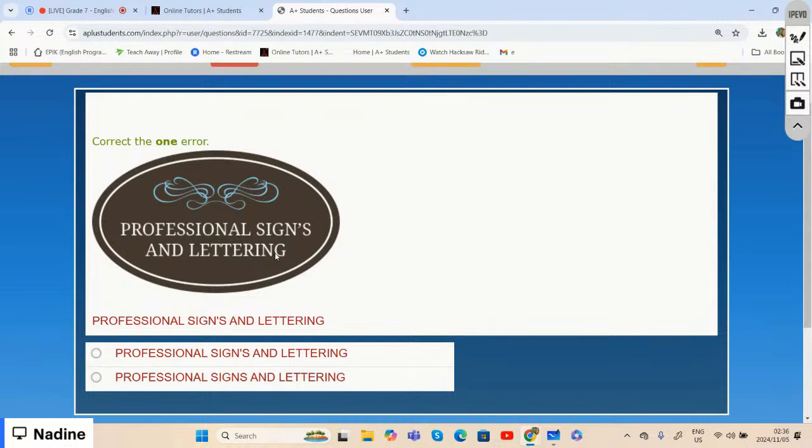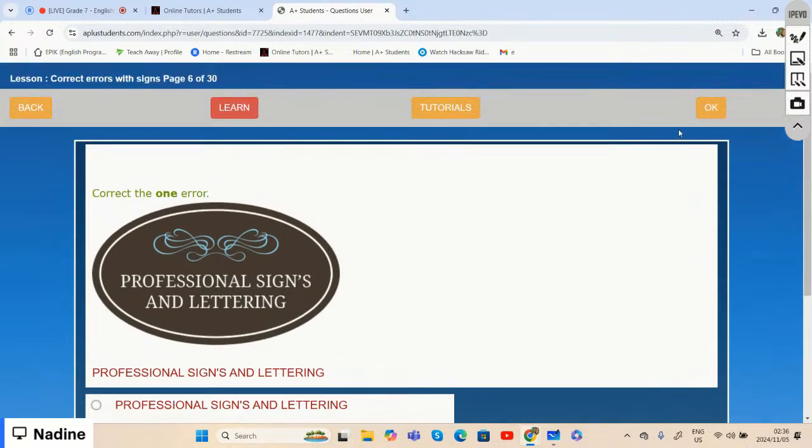We need to remove the apostrophe because once the apostrophe is there, it's almost like we're showing possession. And we just want to show that there are more than one sign. We want to show the plural form. So we need to remove that apostrophe and show that there's more than one. So we will choose option two.